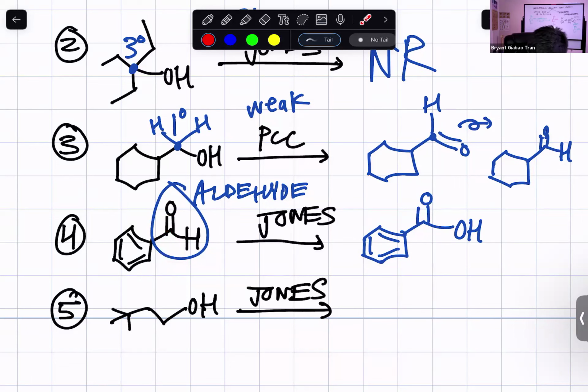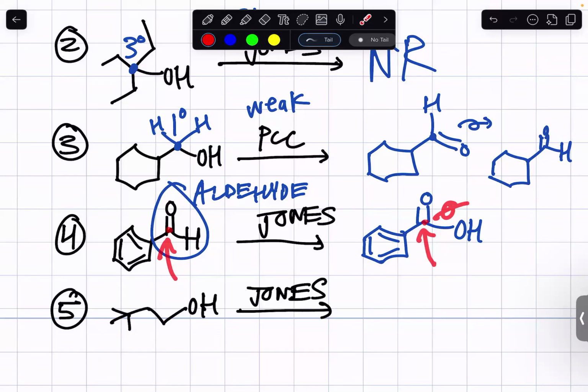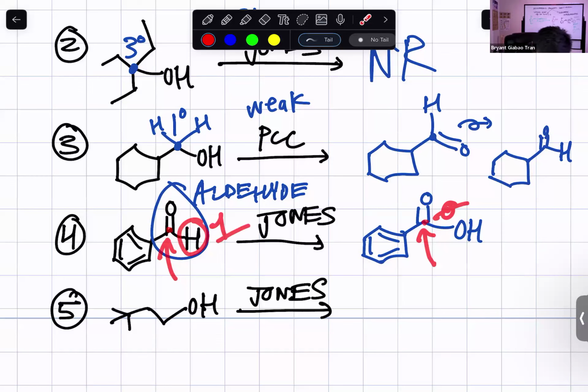And how many bonds to hydrogen does this carbon have? None, zero. What about this hydrogen here? One. One hydrogen to zero hydrogens. We lost the bond to hydrogen, which is oxidation. We also gained the bond to oxygen because before this carbon here had two bonds to oxygen, one, two.